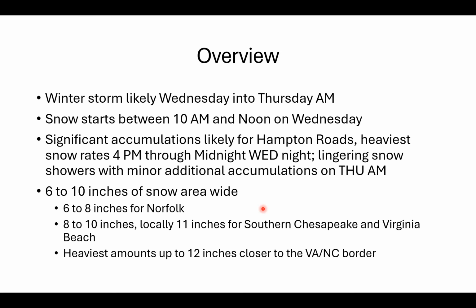The heaviest snow rates, honestly, we think it'll be more light snow initially when it starts. And then heaviest snow rates are going to occur 4 p.m. through midnight tomorrow night. I think there'll be some lingering snow showers with minor additional accumulations on Thursday morning, but that's really due to that upper level vorticity or upper level piece of energy rotating through behind the departing storm.